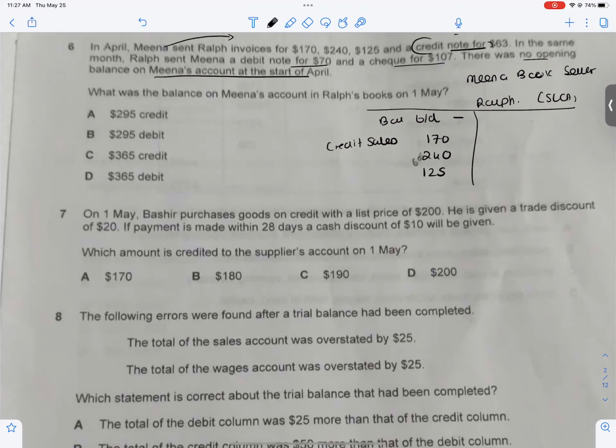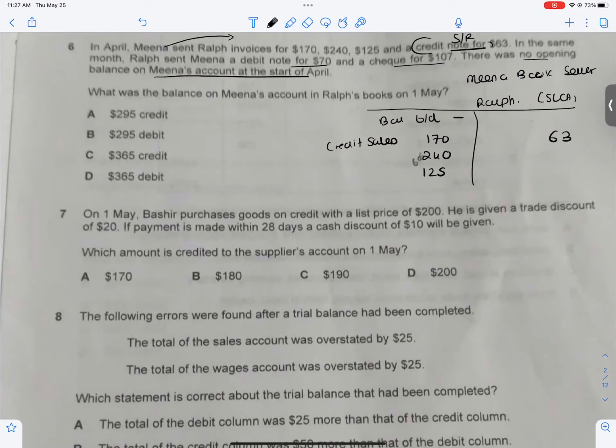Credit note is for sales return. Sales return is for 63. Ralph had sent a debit note for 70. So credit note is for 63, debit note is for 70. Based on the debit note, do you pass any entry? No, you don't.